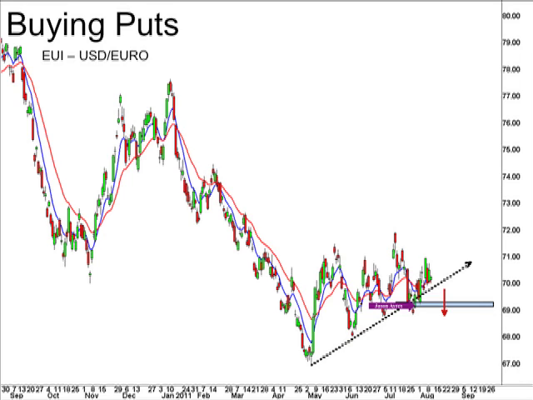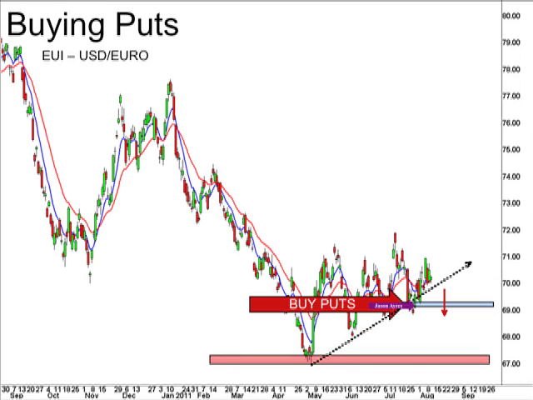So that break to a lower low is the confirmation that we need in order to take action and buy some put options.